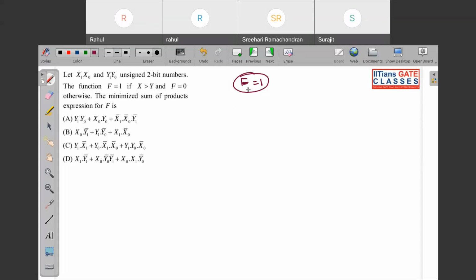So when is x greater than y? We have just now written: if x1 is greater than y1, or if x1 equal to y1 and x0 greater than y0, then x will be greater than y and f will be equal to 1.